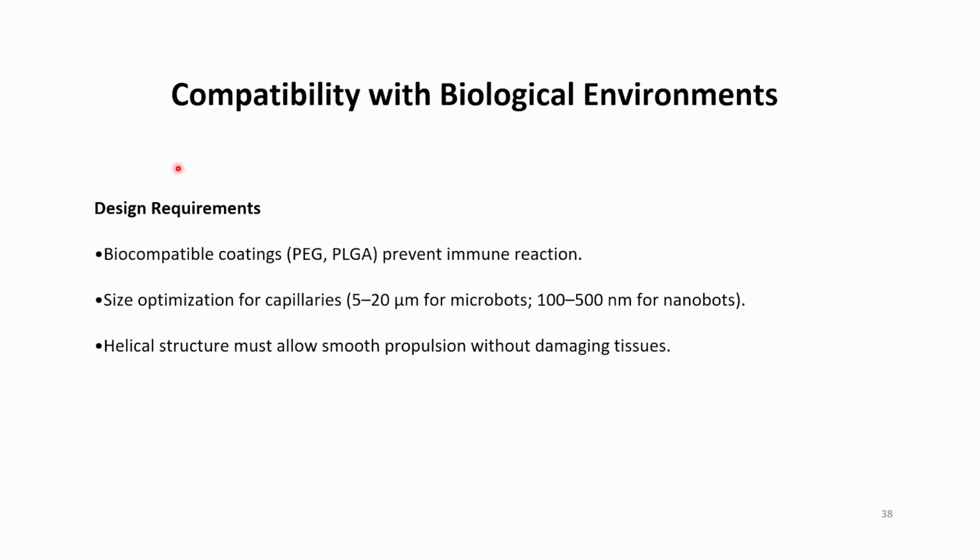Compatibility with biological environments. These are the design requirements. Biocompatible coatings, polyethylene glycol or PLGA, prevent immune reaction. These biocompatible coatings make your bot more compatible with the biological environment it is going to be put in. Then size optimization for capillaries: 5 to 20 micrometers for microbots and 100 to 500 nanometers for nanobots.